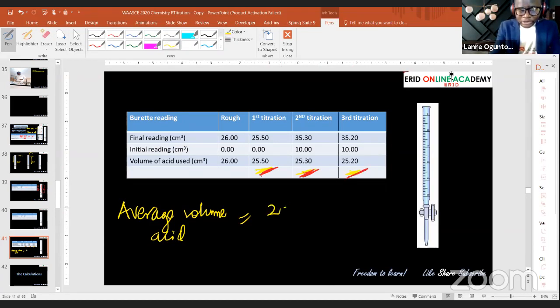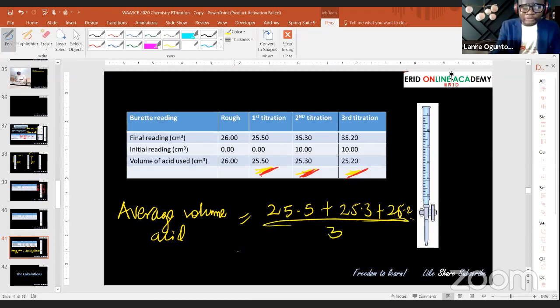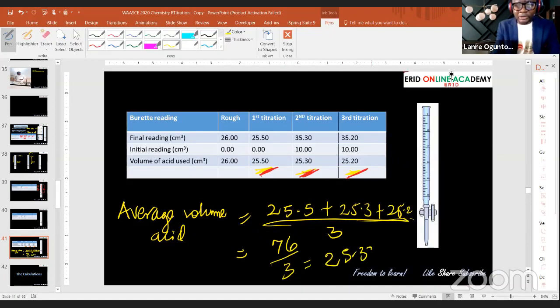I'm going to add 25.5 plus 25.3 plus 25.2. Then I will divide by what? Divide by 3. So what value should we get? That should give us 76, over 3, and that will give you 25.33.